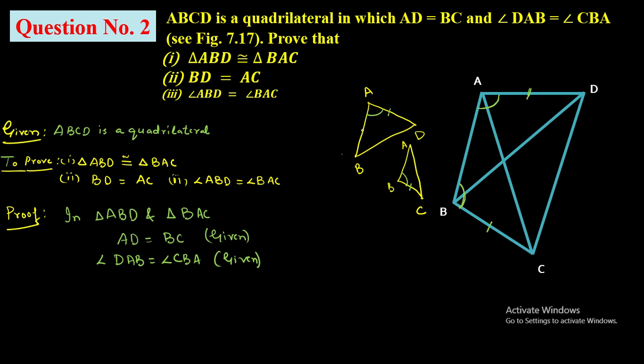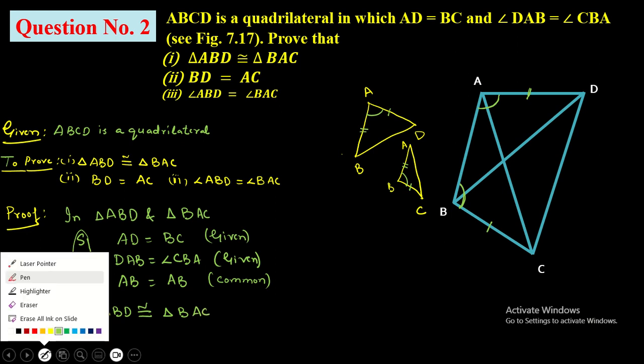And we can see that this AB is common in both the triangles. So side AB is equal to side AB, which is common in both the triangles. Thus, by using side angle side criteria, we can say that the two triangles are congruent. Therefore, triangle ABD is congruent to triangle BAC.